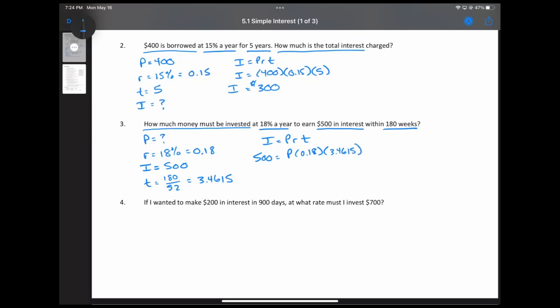Now my next step, what I'm going to do is just multiply the 0.18 times 3.4615. And I'll point out that I have the exact value for T staying in my calculator. So if you wrote it down, cleared your calculator, and punched it back in, your answer might be slightly different than mine, just because of a slight rounding error at the end. But for now, we're not going to worry too much about that. And this is 0.623077, roughly.